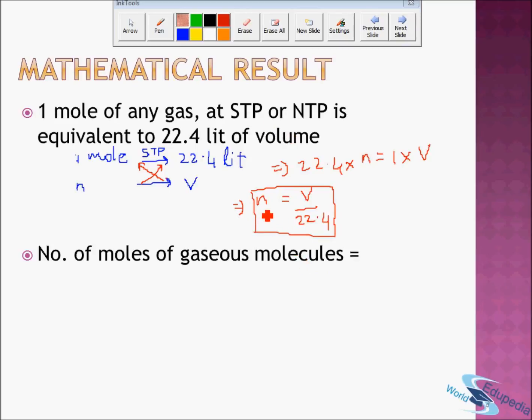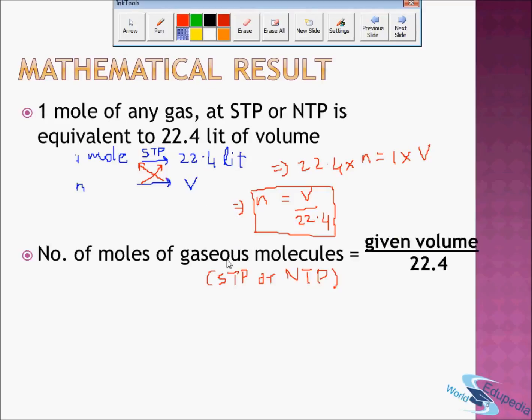So I can calculate moles of a gas if I know the volume of that gas. At STP or NTP, you have to fix the condition, the number of moles of gaseous molecules is equal to given volume divided by 22.4 liter.